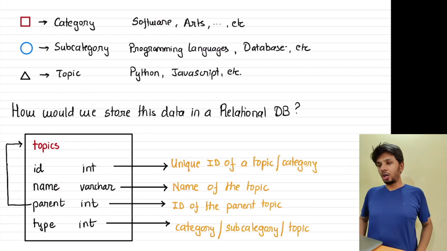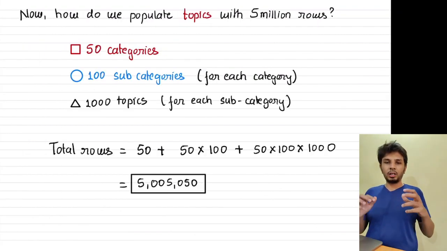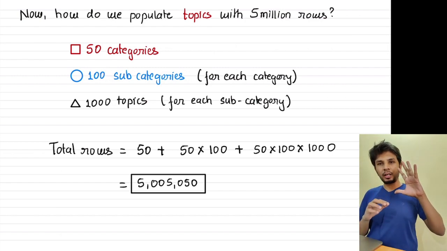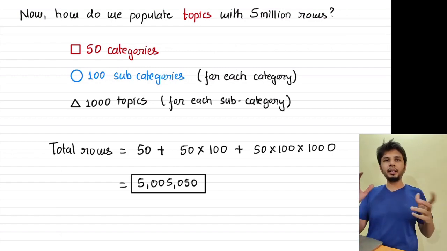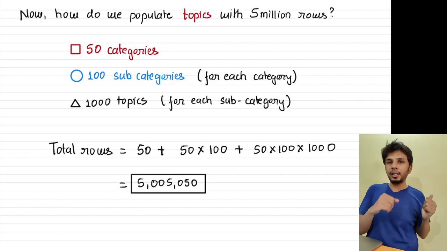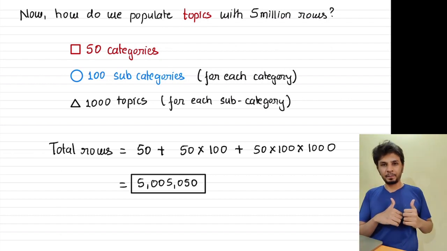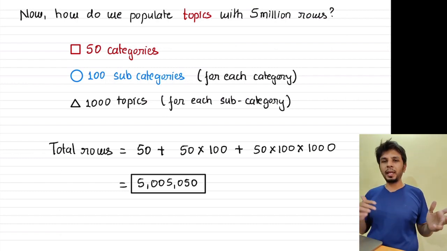So what we'd be working on is generating data for 50 categories. Each of the categories would have 100 subcategories. Each of the subcategories would have 1000 topics, right? So that's a humongous amount of data, and in all it turns out to be 5,005,050 rows, right?